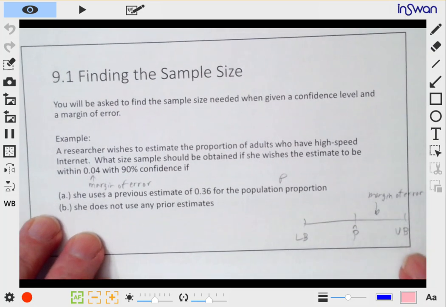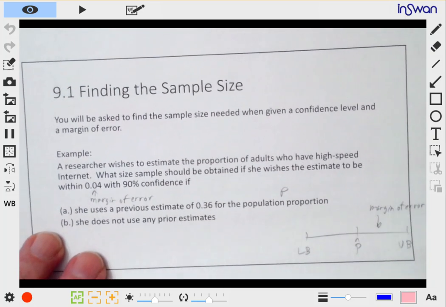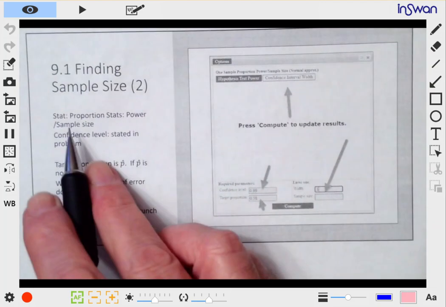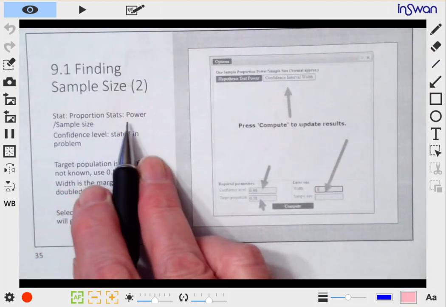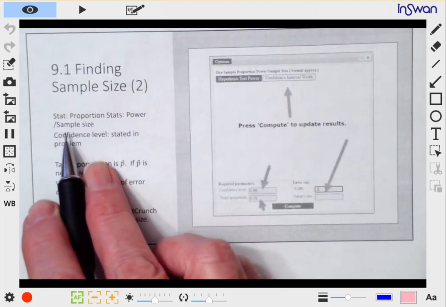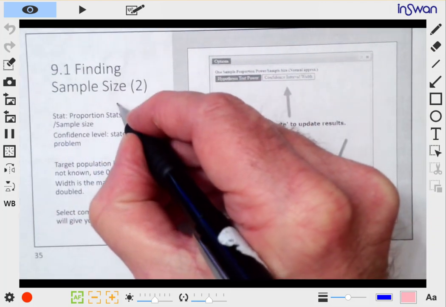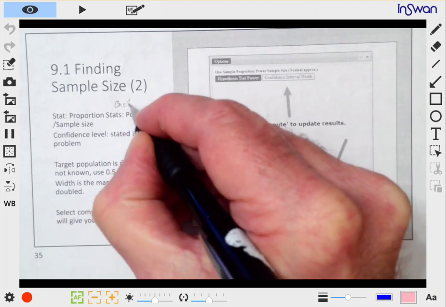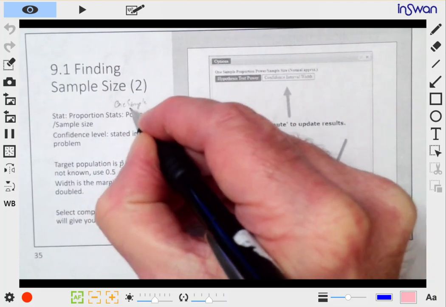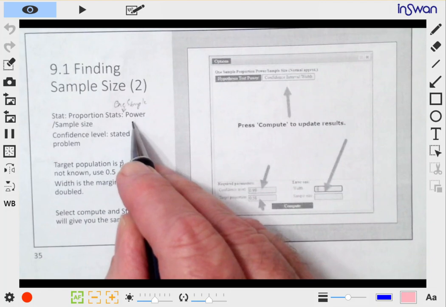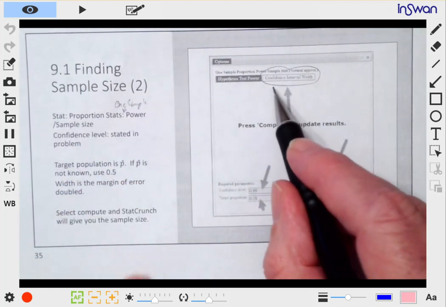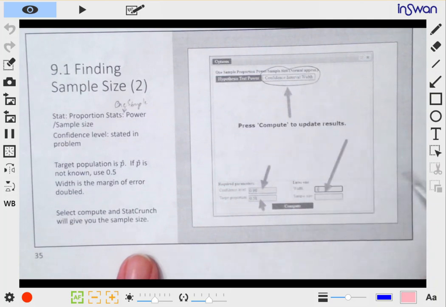So let's go ahead and do that and we'll come back. We're going to go to Stat, Proportion Stats, One Sample, and then you have to choose Power/sample size. You're going to select confidence interval width.